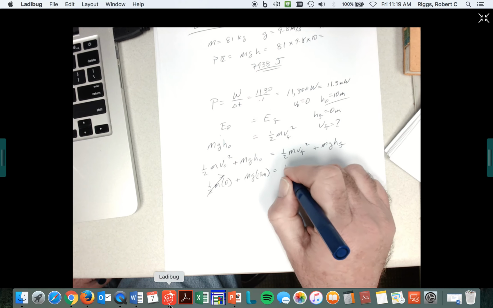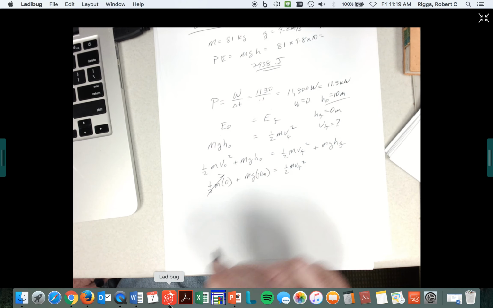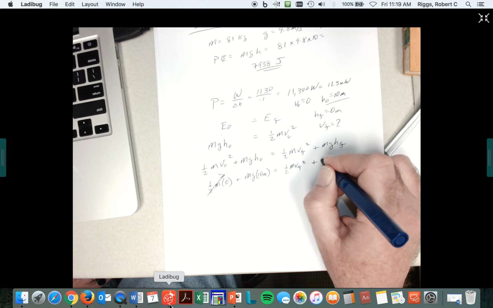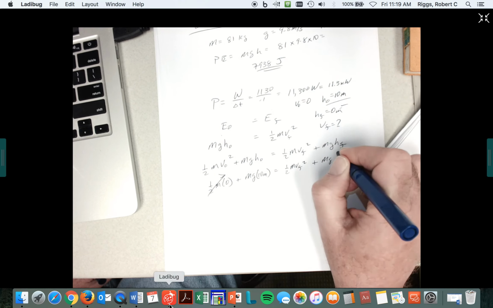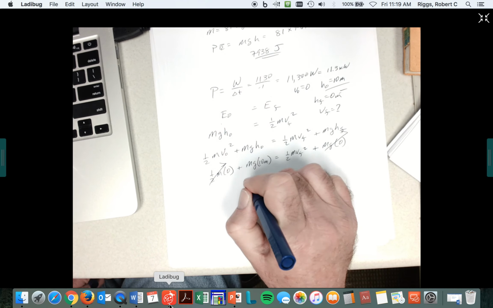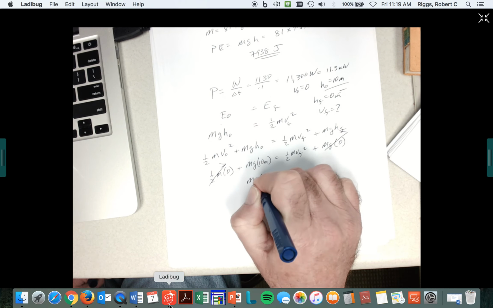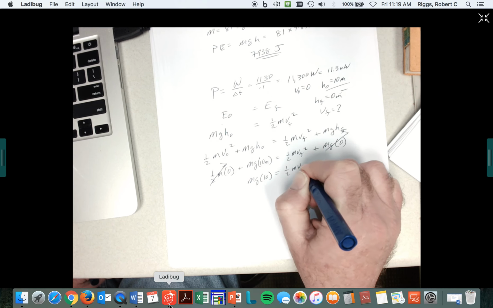Is equal to 1/2 m v final squared. He's got a final speed when he hits the bottom, but m g h final is equal to 0, so we can say bye Felicia to that one too. And we wind up with m g times 10 is equal to 1/2 m v final squared.